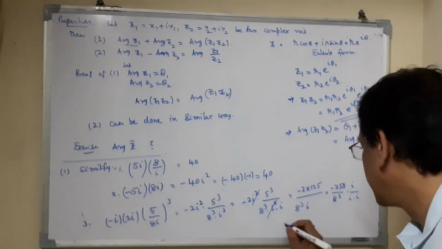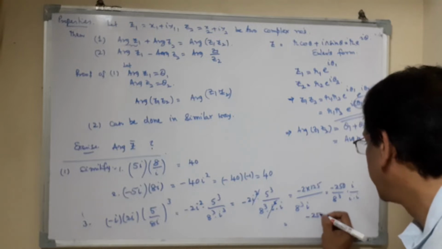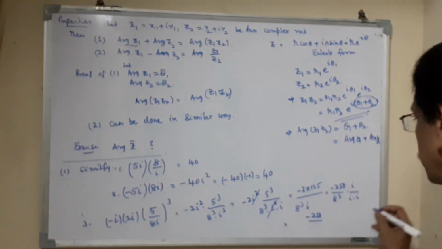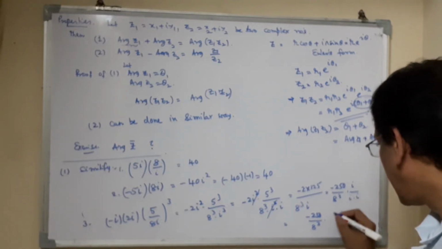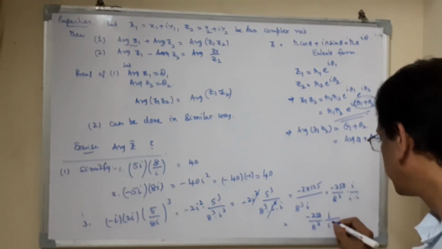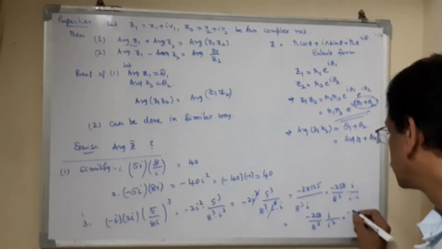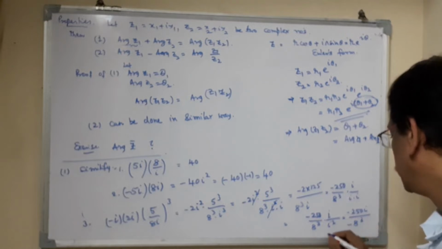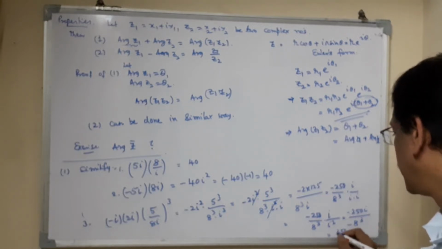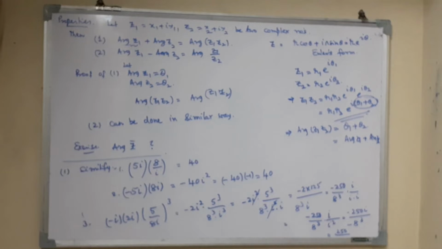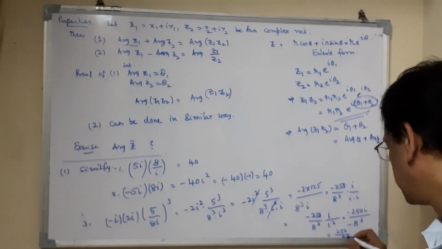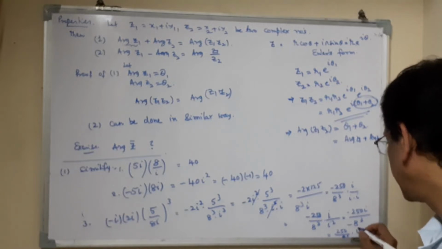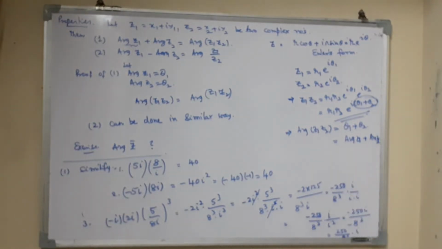So what I will get is minus 250 i by 8 cube i square. I square is minus 1. So minus 250i by minus 8 cube, which is equal to 250 by 8 cube into i. So this is a complex number.